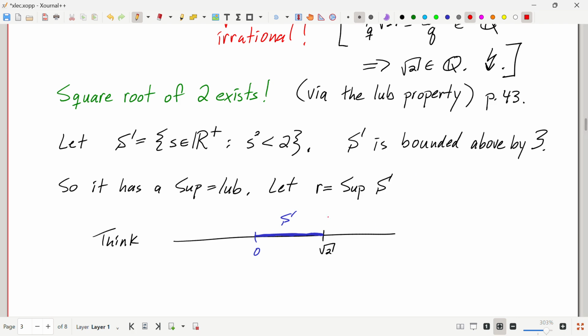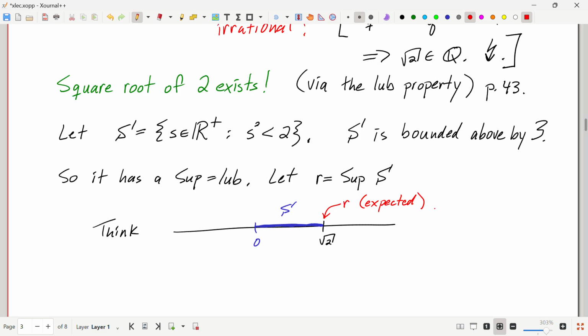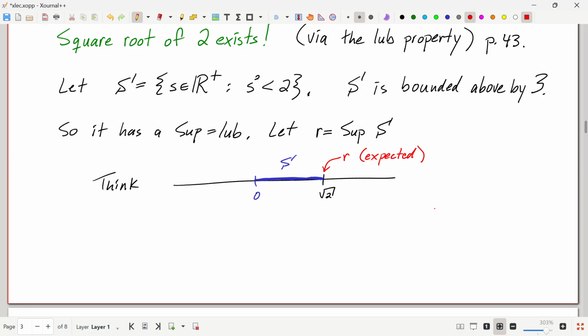We're going to expect R to actually be the square root of 2. This is expected. Okay, so I've got this R. I claim R squared equals 2.